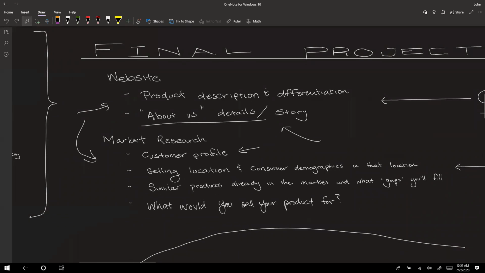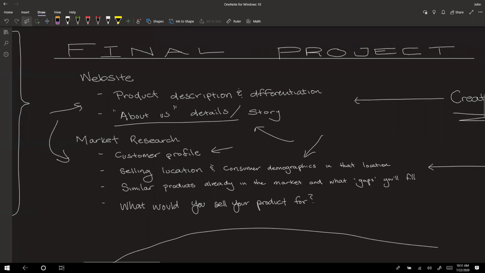Facts like that. I want you to understand the region that you're selling in, and then we'll do a little bit of market research together on it, and then you guys can make a report for me, just a short 1-page or 2-page report on Google Docs or Microsoft Word with the customer profile and the consumer demographics.